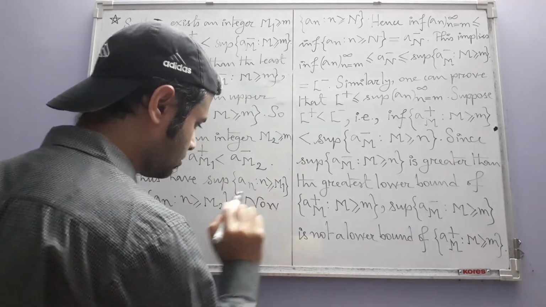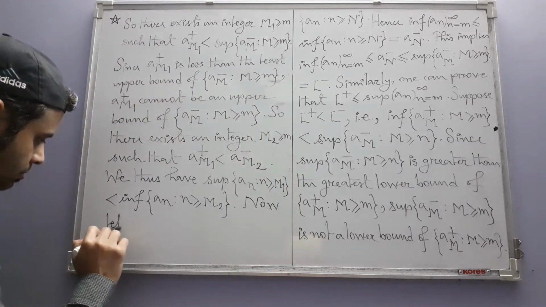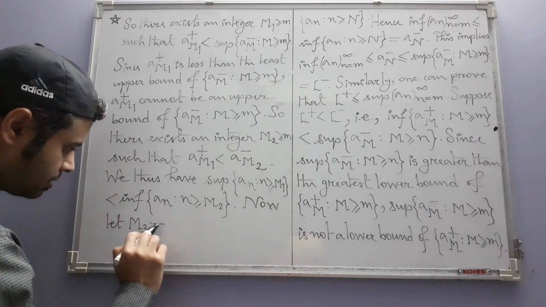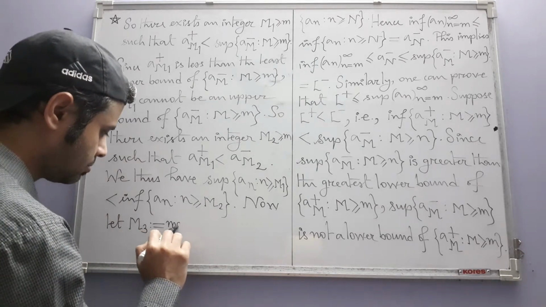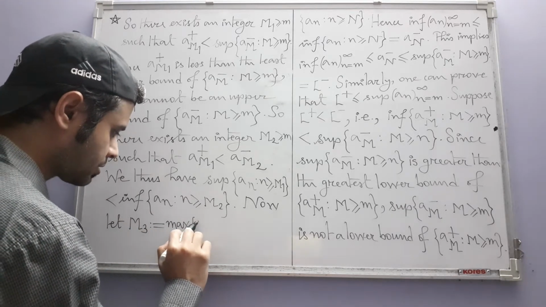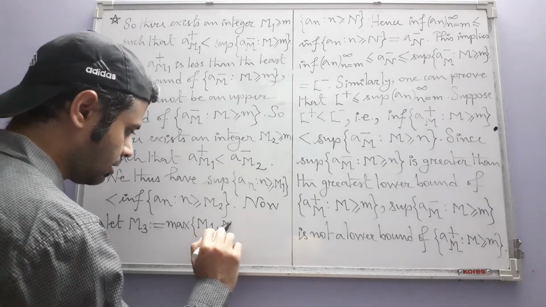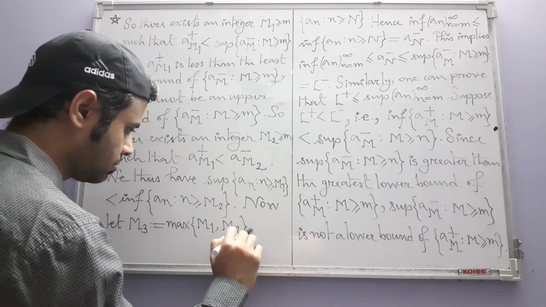now let m3 be defined to be the maximum of these two integers m1 and m2.